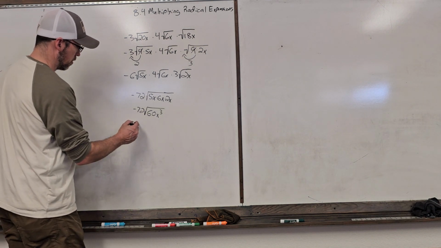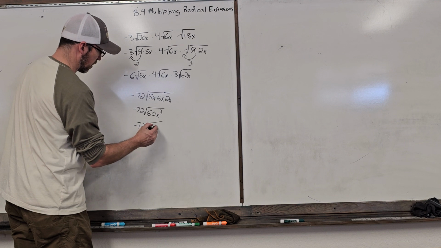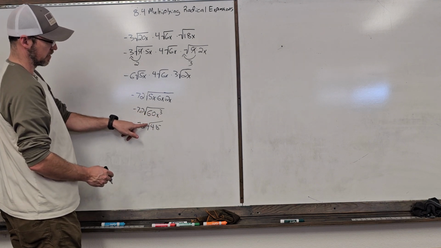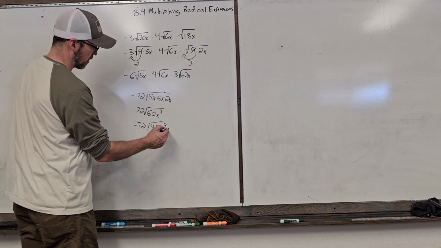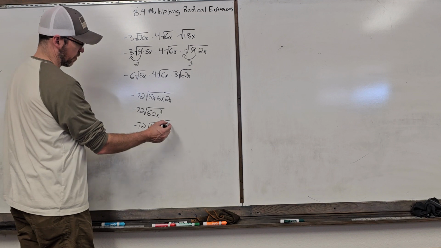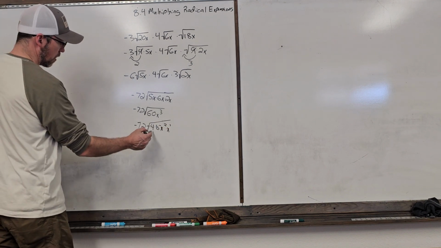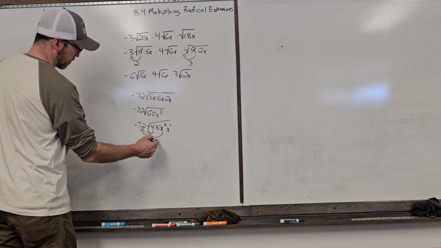So, negative 72, 4 times 15, x cubed. My index is a 2, so I'm going to break that into x squared times x to the first. I don't always show the first, but this one I will. That 4 comes out as a 2. That x squared comes out as an x.